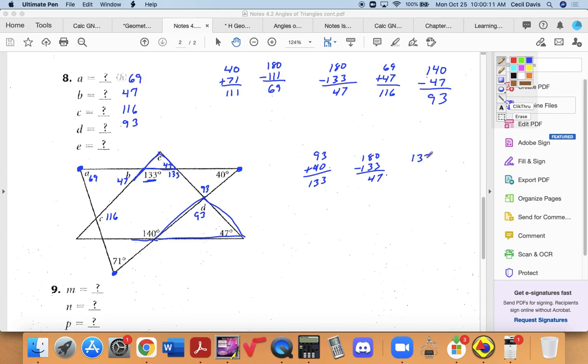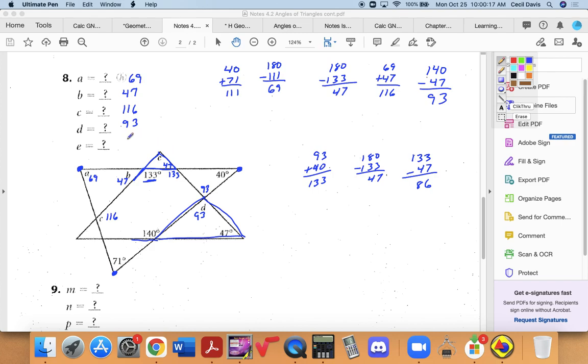So I just need to take 133 minus 47, and that's 86. So on a lot of these problems, using the exterior angles will make your life easier. You don't have to use it, but it does make things faster a lot of the time.